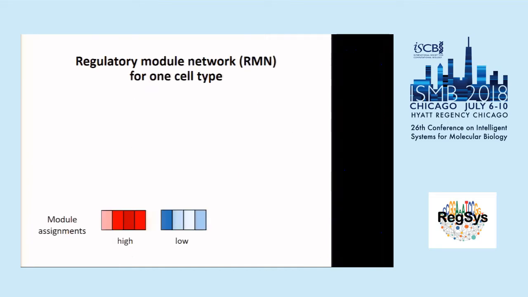In RMNs, we use a module representation for gene expression. A module is defined by a set of genes that have a particular expression state, which we can interpret as a discrete level. So in this example here, we have two modules, one containing high expression genes and one containing low expression genes. Using a module representation is important because we have only one expression sample.